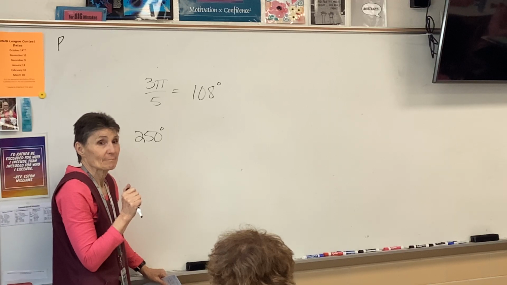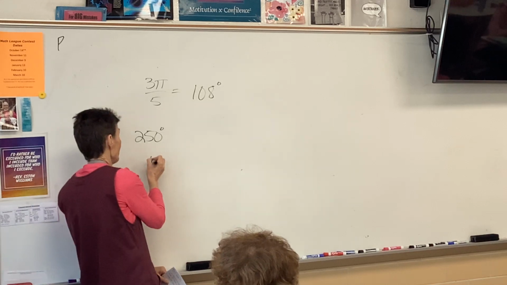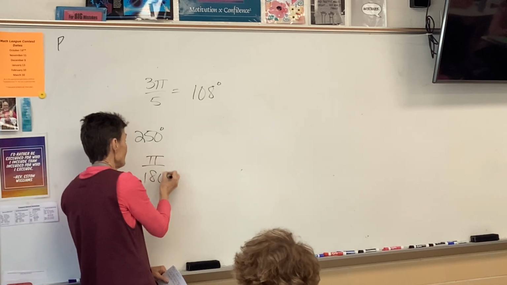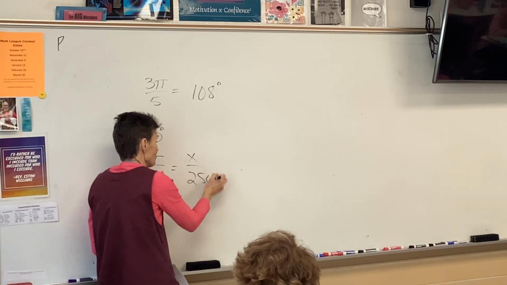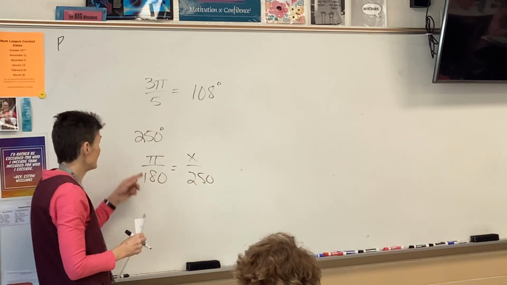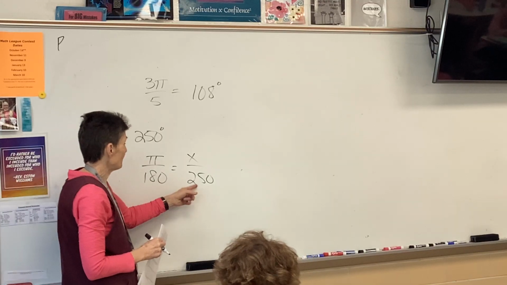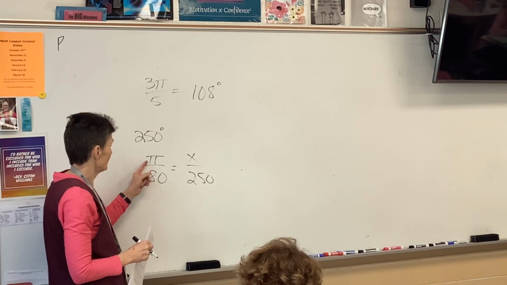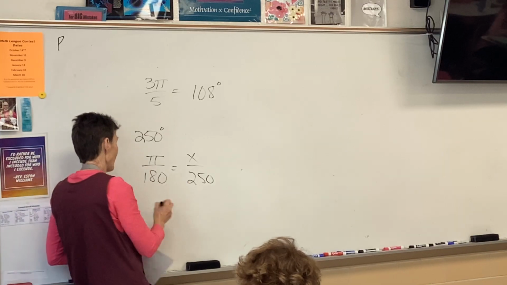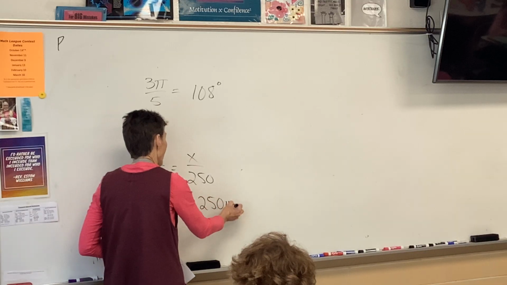It's like 2 fractions. You set up a proportion. So we say pi over 180 equals x over 250. This never changes. 250 is a degree, so it's going to go on the bottom with the 180. Now you'll cross multiply, so 180x equals 250 pi.